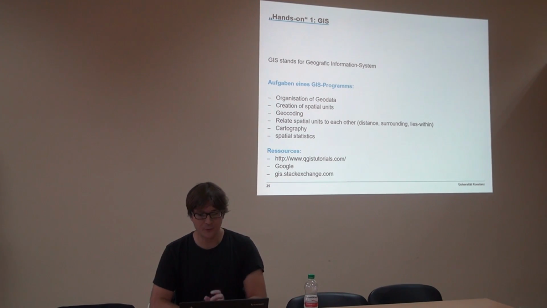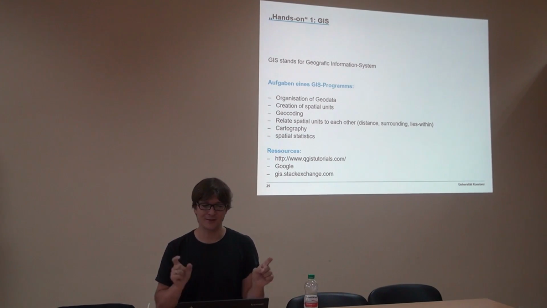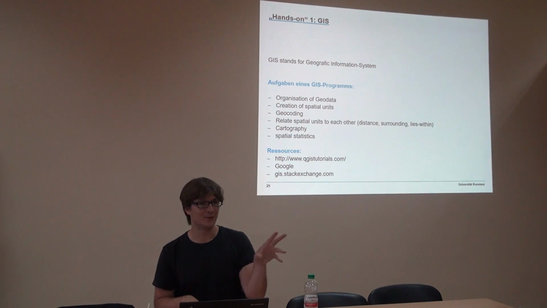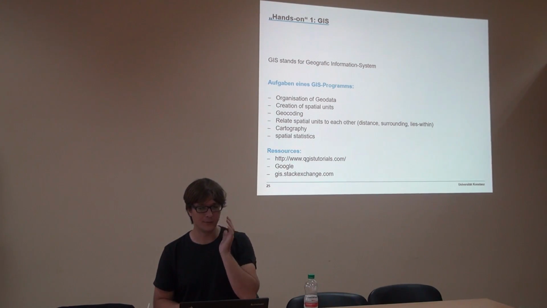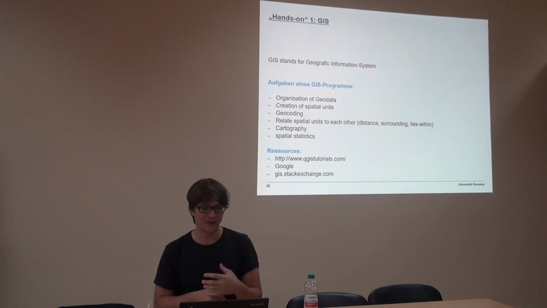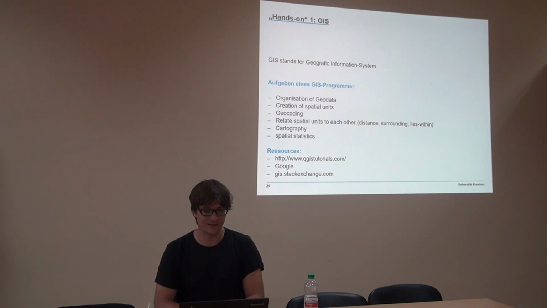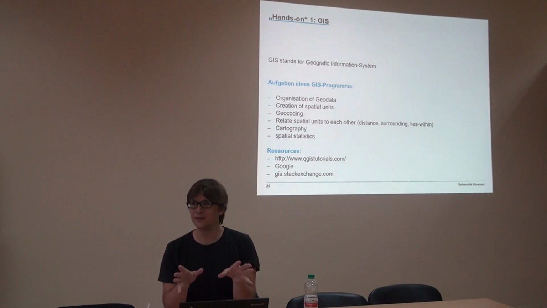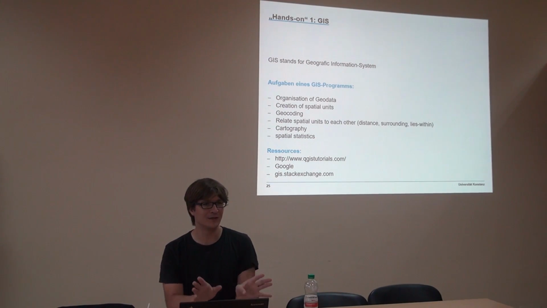You can relate spatial units to each other, so you can calculate distances and you can analyze what's the surroundings, so kind of individual neighborhood aggregates. You can analyze what lies within the specific radius around our units of observation.